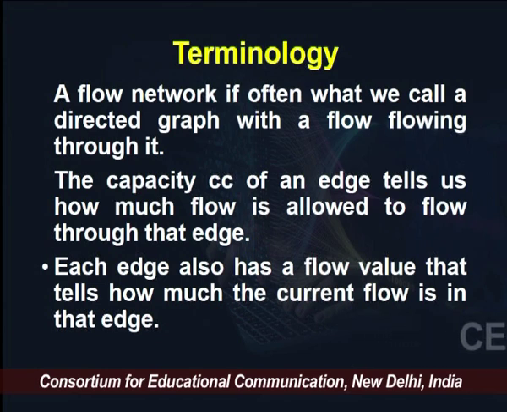Then the capacity, which is mostly denoted by C, of an edge tells us how much flow is allowed to be pushed through that edge. And the third one is that each edge also has a flow value that tells how much the current flow is in the edge. The flow value is written before the slash and the capacity is written after the slash. That is the writing convention.